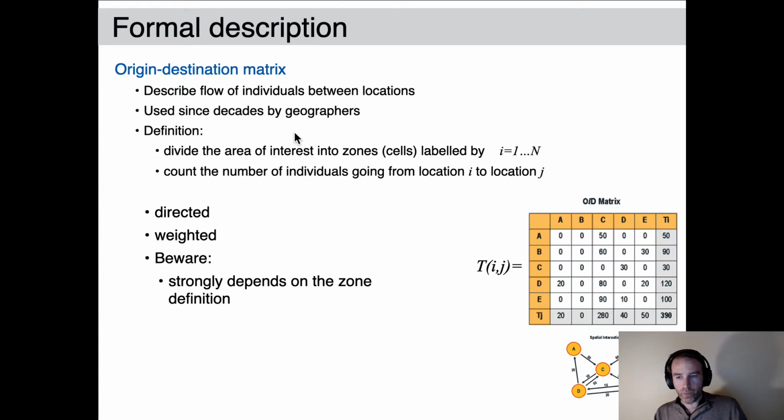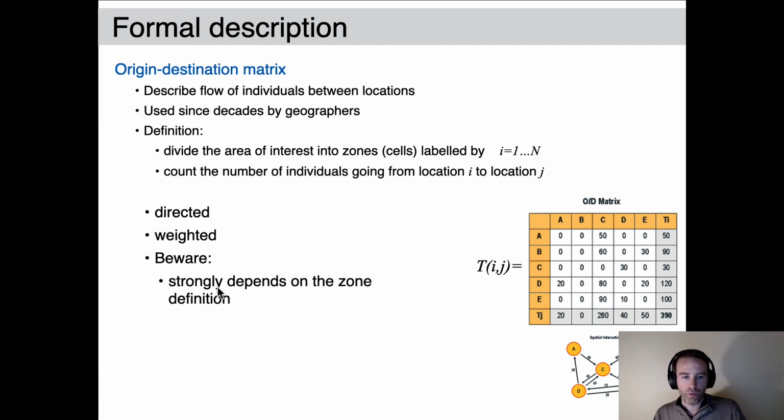So the idea is that you have this origin-destination matrix, and you count the number of individuals going from location I to location J, and this gives you these numbers.